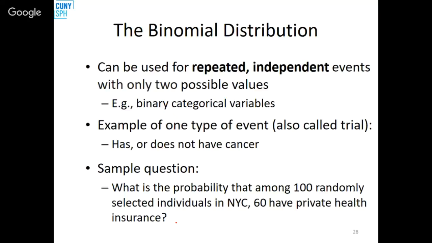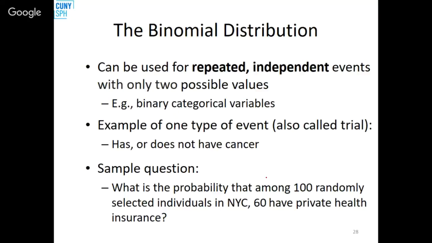Now, for one realization, for an individual having cancer or not having cancer, that is one realization. What does the probability distribution correspond to? Well, it's the probability of a number of events in a group of individuals or a group of observations.